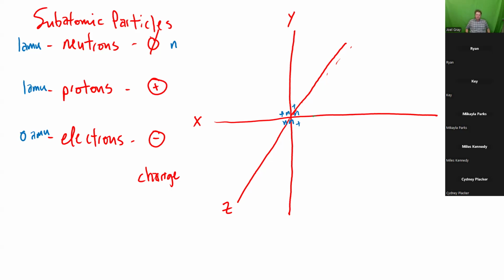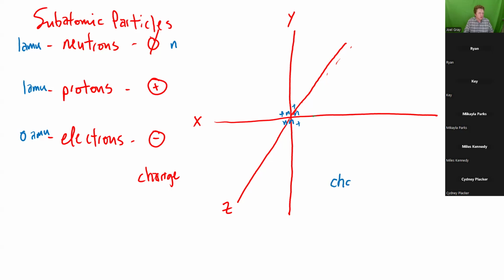Now, with that in mind, our protons and neutrons, they come together to give our atom all of the mass. So when you look at this particular atom, we can piece some things together.